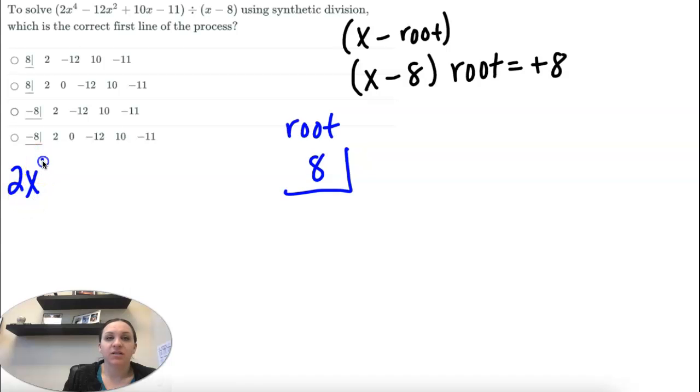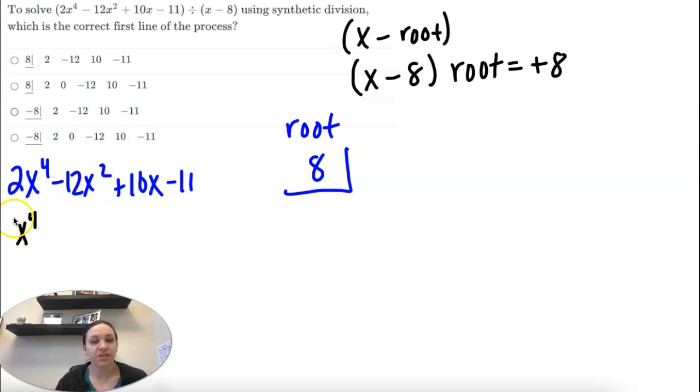So I have 2x to the 4th minus 12x squared plus 10x. So we're starting with our largest degree, x to the 4th. The coefficient, or the number next to it, is 2. Then we're going to go down to x cubed. Again, there's no x cubed, but we still have to include that.